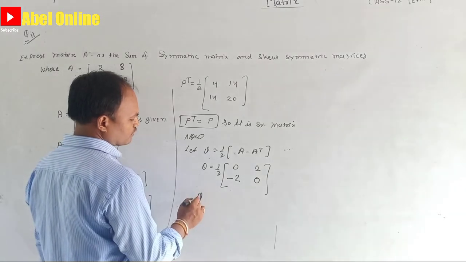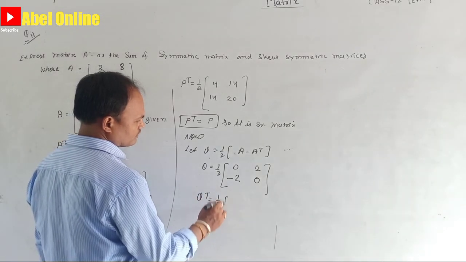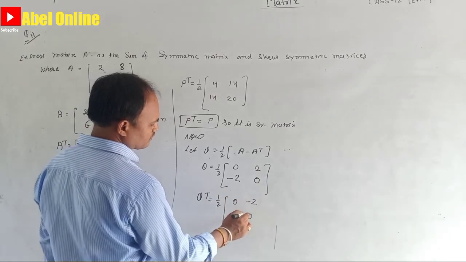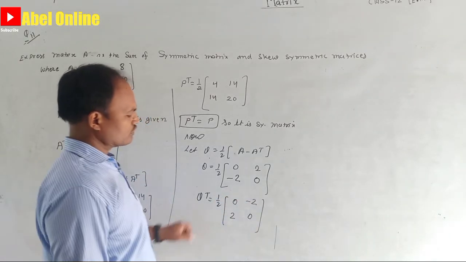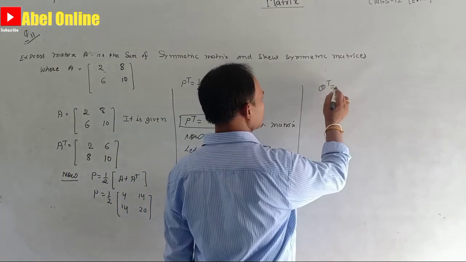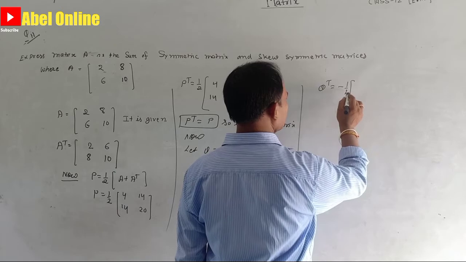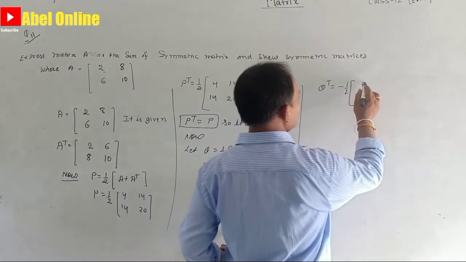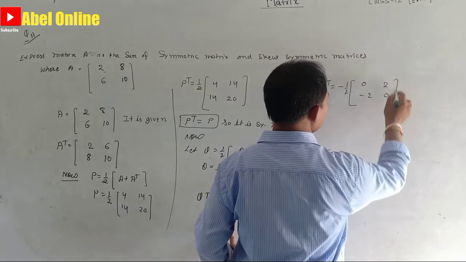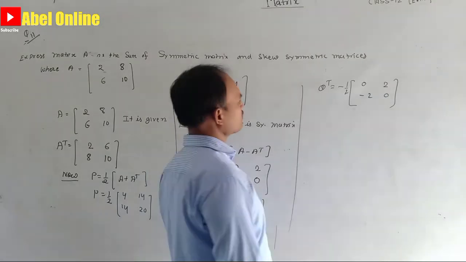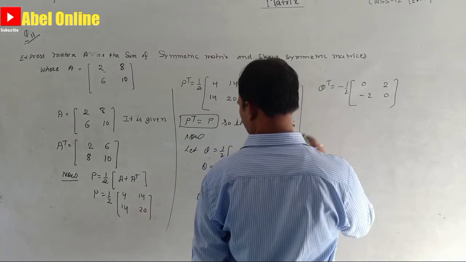It is Q. Now Q transpose equals 1 by 2, just convert row to column, it is 0, 2, minus 2, 0. Take minus common, so we can say that Q transpose equals minus 1 by 2 times 0, 2, minus 2, 0. It is Q transpose.